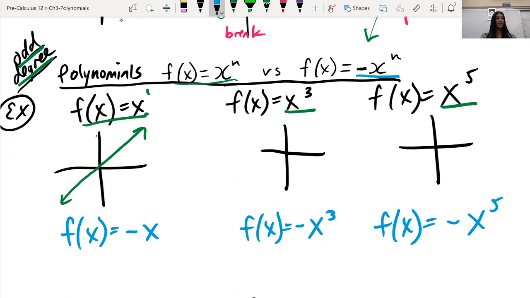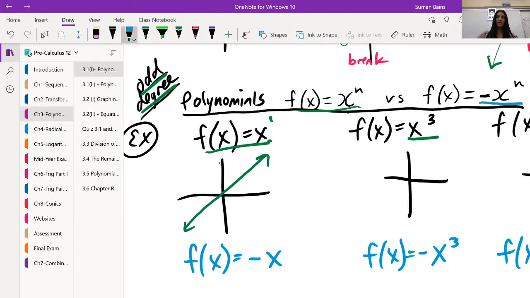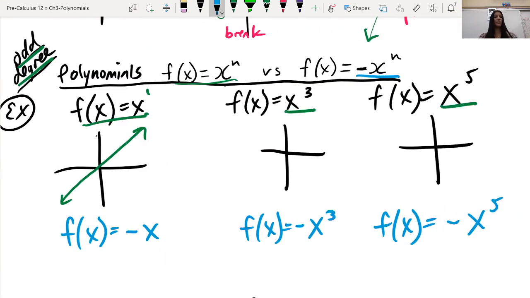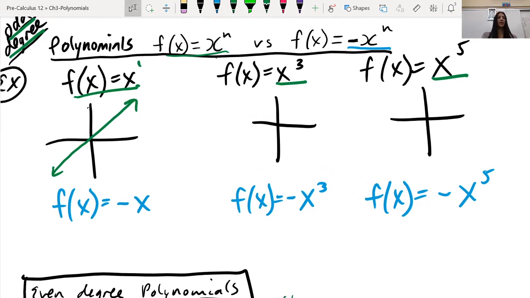The interesting thing about this is it ties in perfectly with the last chapter on transformations, because notice that this negative sign in front of the x would be a reflection over the x-axis or the y-axis.